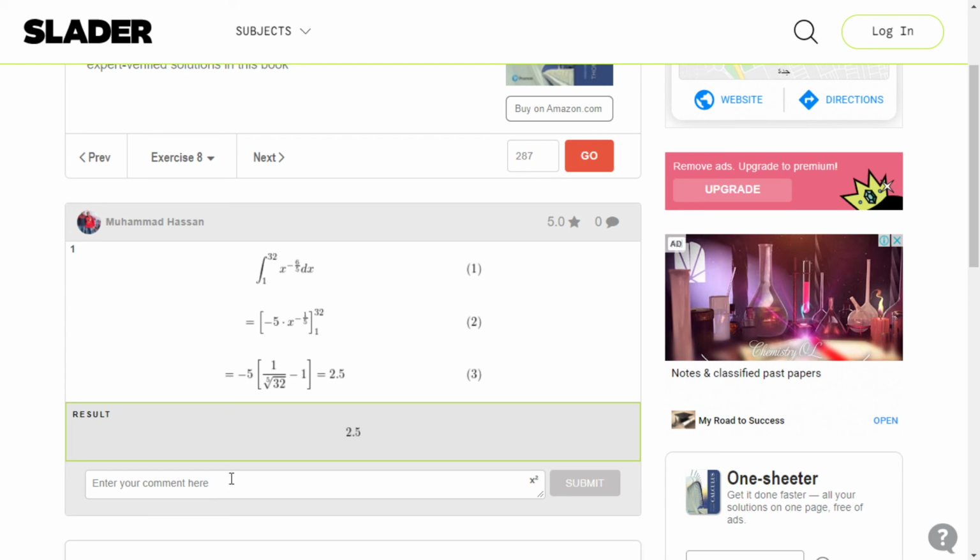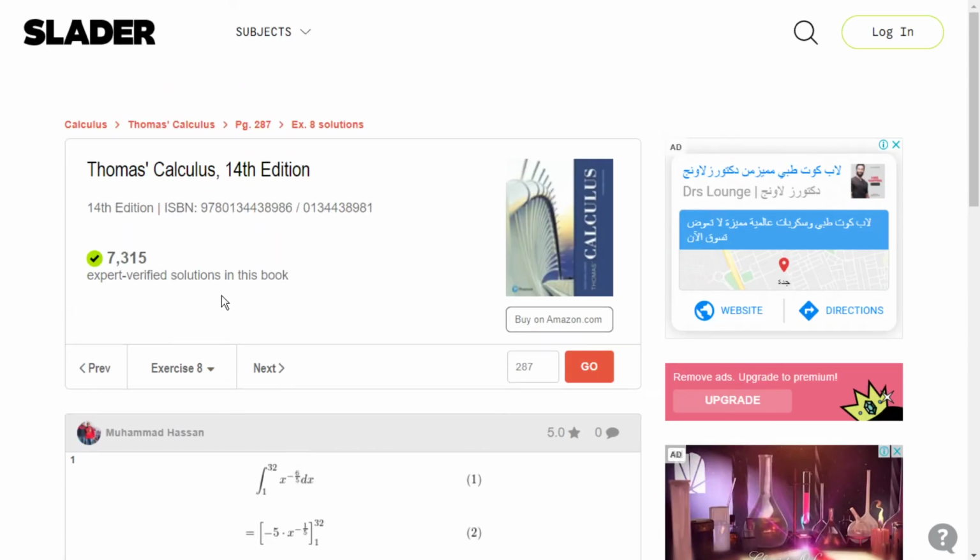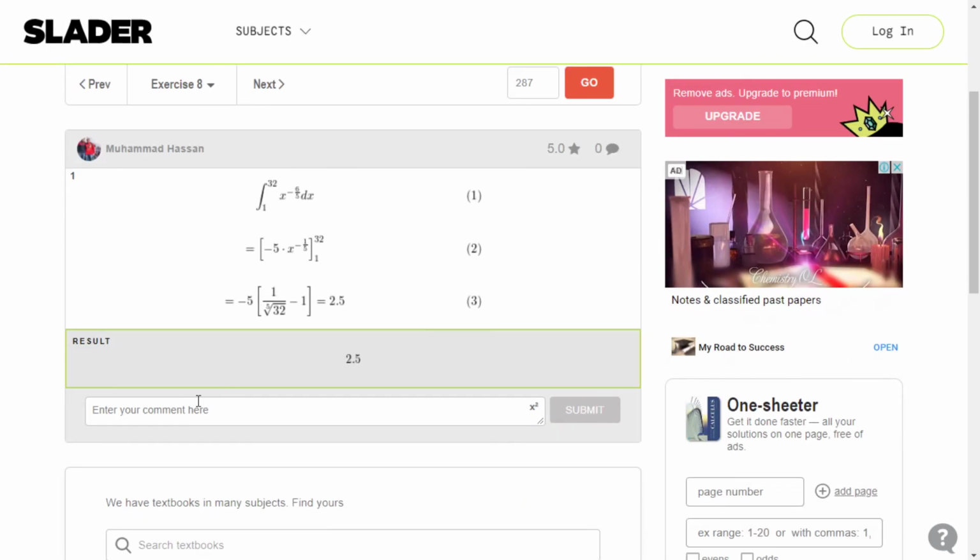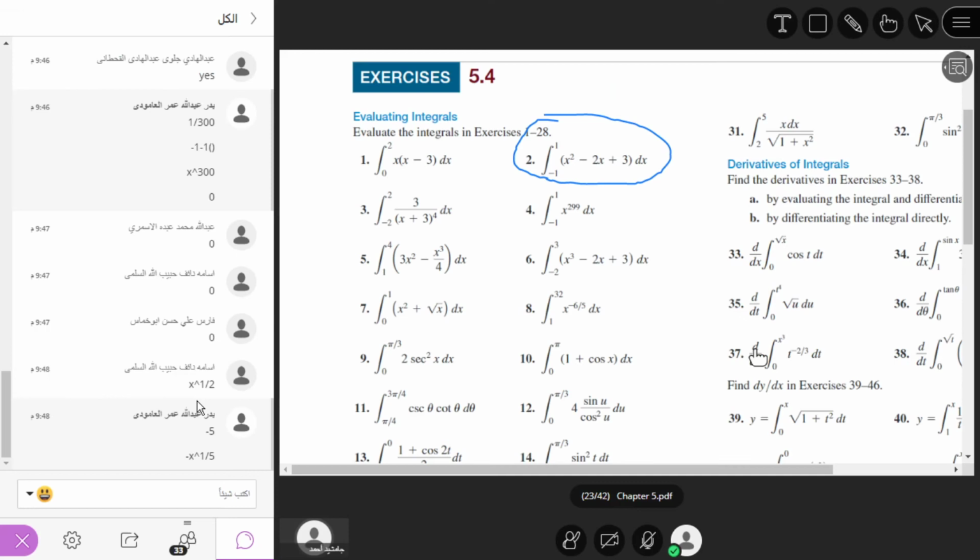Understand? So whenever we put upper limit, then lower limit, we can get the answer.